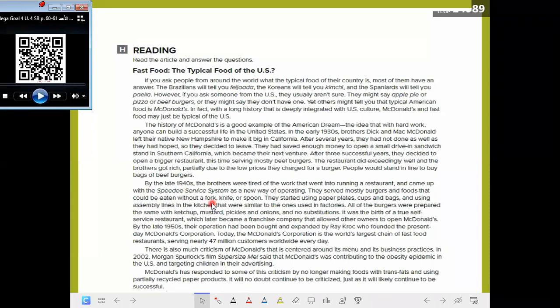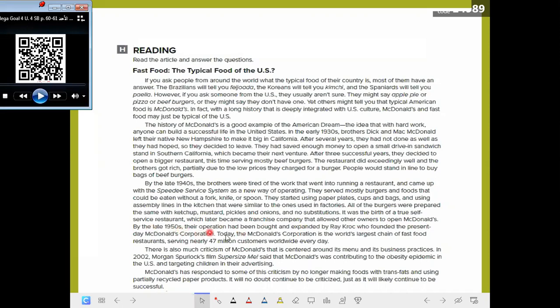All of the burgers were prepared the same, with ketchup, mustard, pickles, and onions, and no substitutions. It was the birth of the true self-service restaurant, which later became a franchise company that allowed other owners to open McDonald's by the late 1950s.